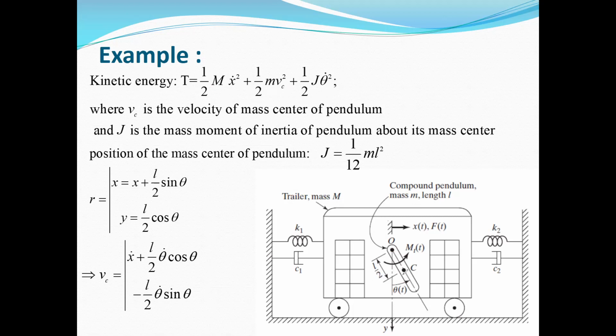method. For this purpose, we obtain the position vector of this point C here. The x component of this position vector is x plus L over 2 times sine theta. You know that this length is L over 2.